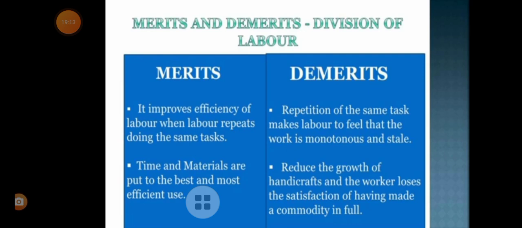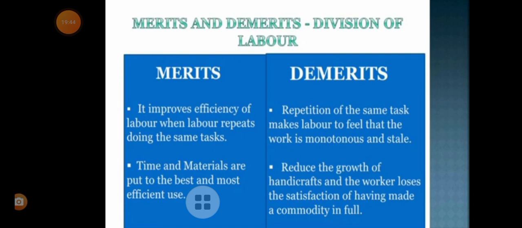For a tailor to stitch the whole shirt, the efficiency will be very less. But in group work, efficiency will be more. So production will be very high in division of labor, but individual labor production will be very less.